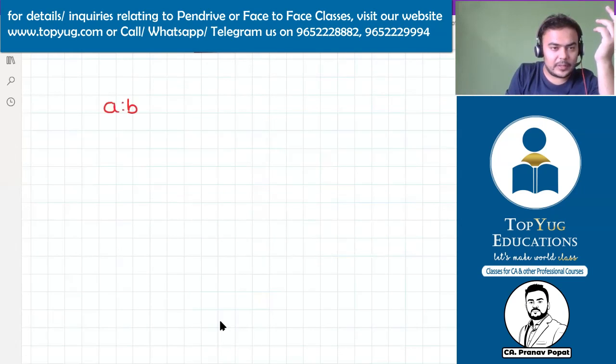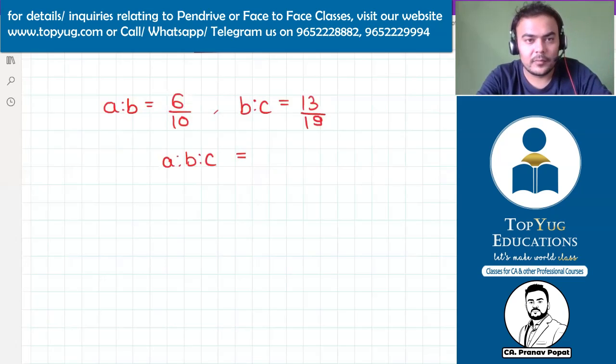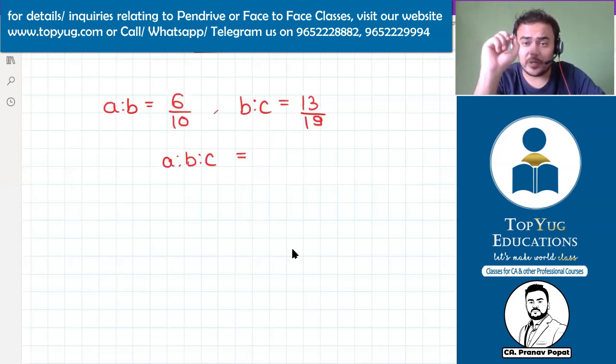A upon B is equal to 6 upon 10 and B ratio C is equal to 13 upon 19. Find A ratio B ratio C. I want an answer from each one of you, all the 29 participants.